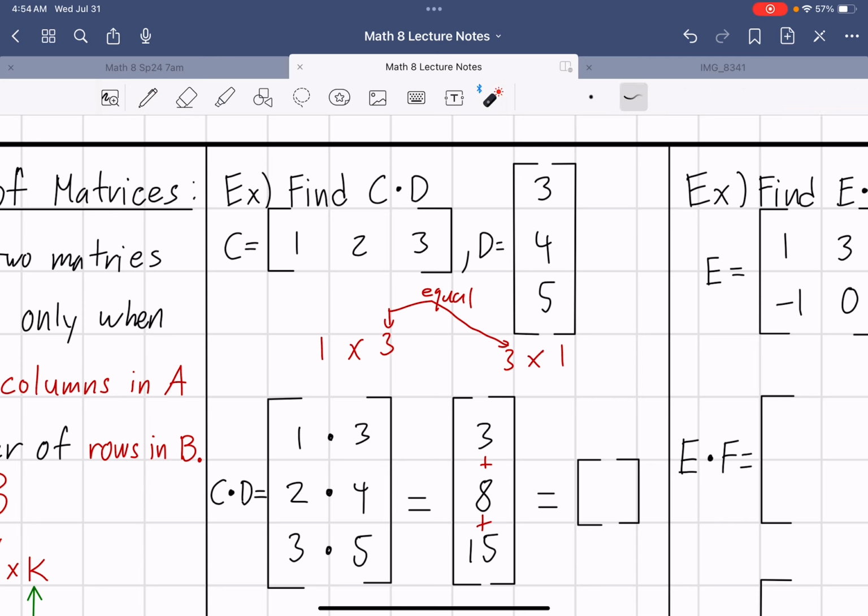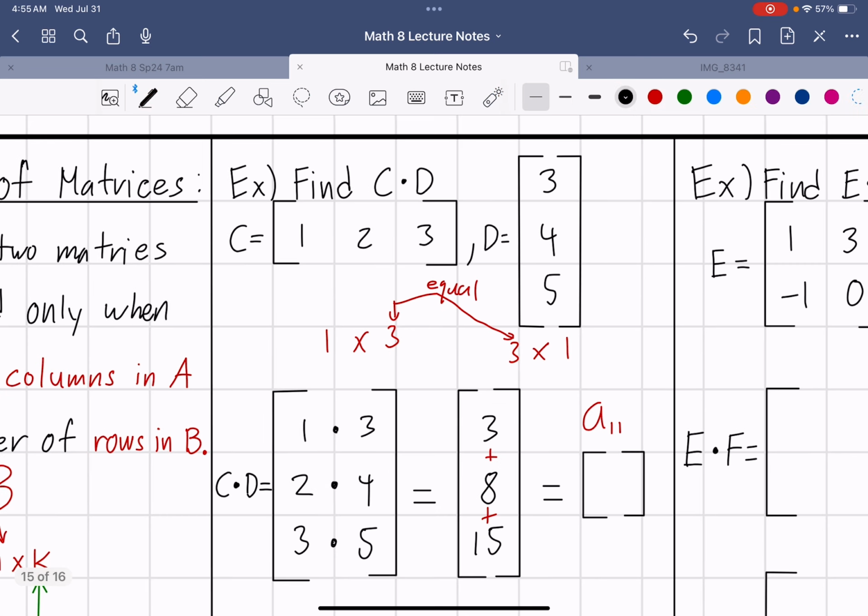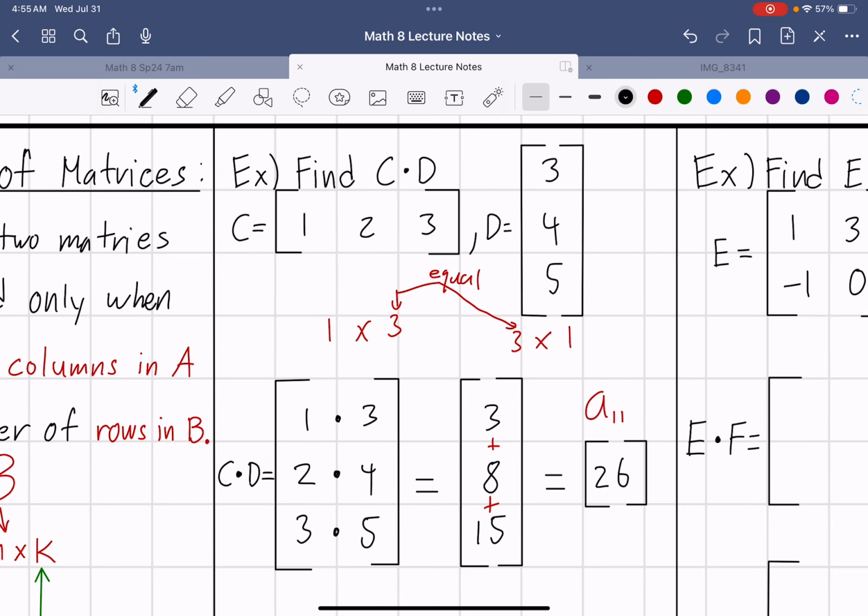This multiplication is row 1, column 1. So in other words, if you look at the dimensions, I multiplied row 1 with column 1. So this is one entry. I take 3 plus 8 plus 15, and that gives me 26. And that would be my answer of this multiplication.